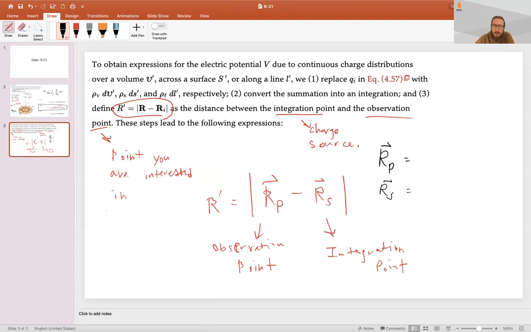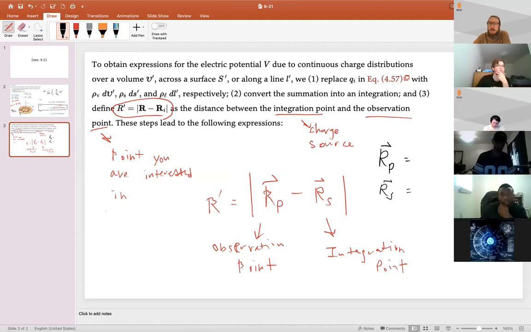All right, so what is a vector from the origin to the observation point? What do you think, Daniel? I have no idea.